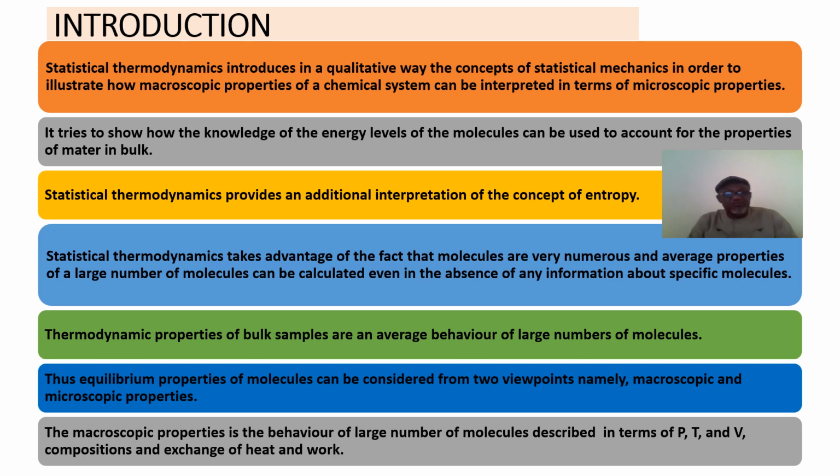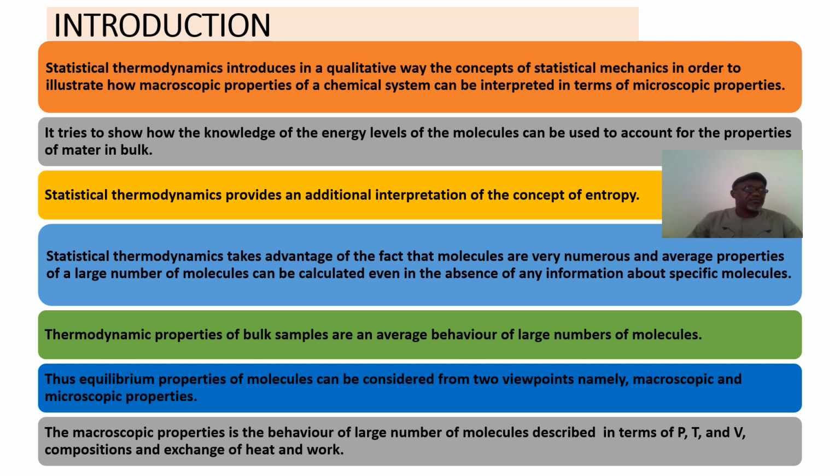Statistical thermodynamics provides an additional interpretation of the concept of entropy. For those who will go to higher courses, you will understand what we mean by this interpretation of the concept of entropy. Statistical thermodynamics takes advantage of the fact that molecules are very numerous, and average properties of a large number of molecules can be calculated even in the absence of any information about specific molecules.